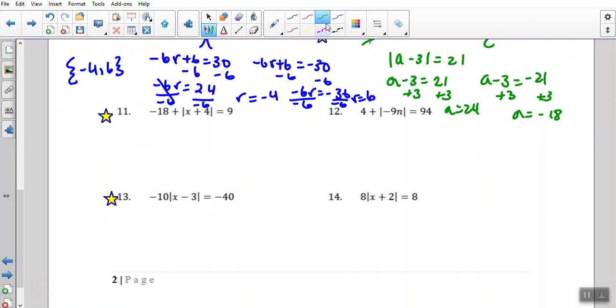Number 11, for this one, the negative 18, to get rid of it, I have to add 18 on both sides. So you have the absolute value of x plus 4 equals 9 plus 18 is 27. And then we're going to split it. We're going to do the positive and the negative.